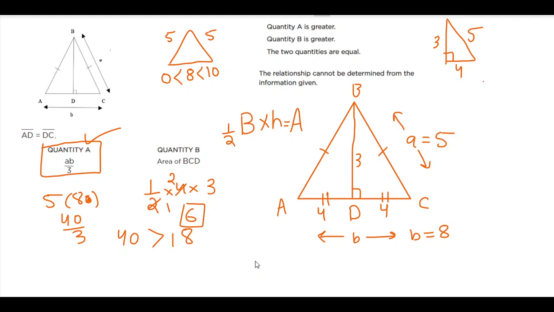So BCD is going to be half times B by 2 times the height. I have no variable for the height, so let's call it H. But we know that the height will be less than A in this diagram. But even if we put A here, we still have this quantity less than quantity A, because this will be AB divided by 4, and that is compared with AB divided by 3.